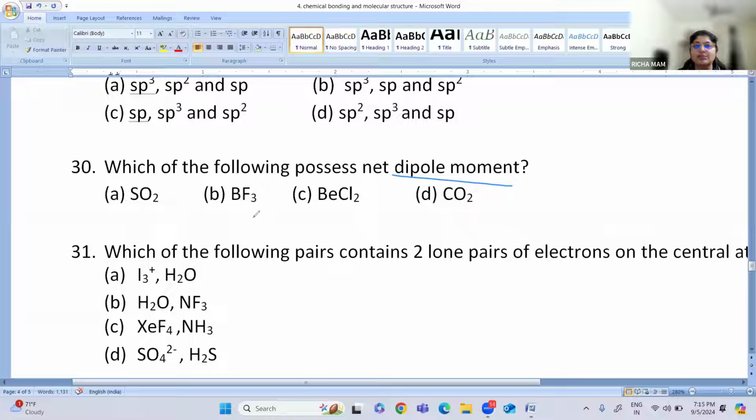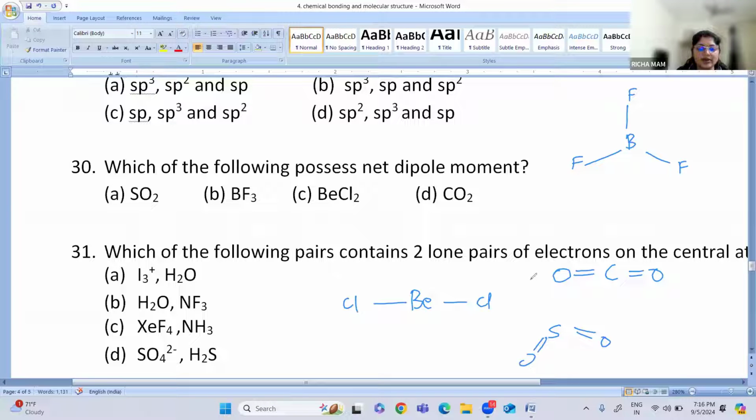SO2, BF3. BF3 is like this. Then carbon dioxide, then BeCl2, and SO2.